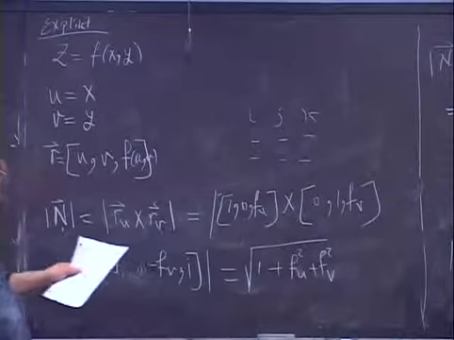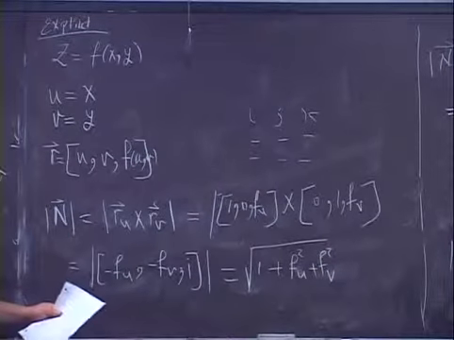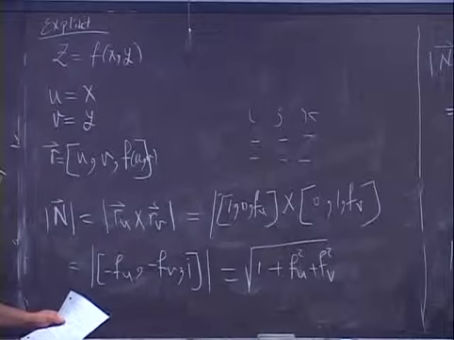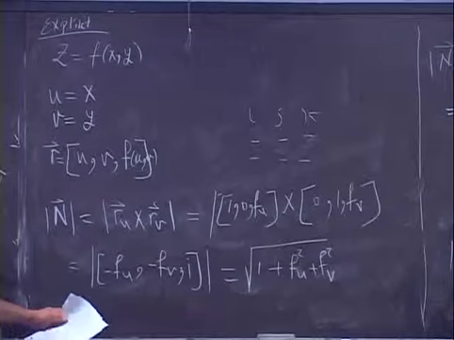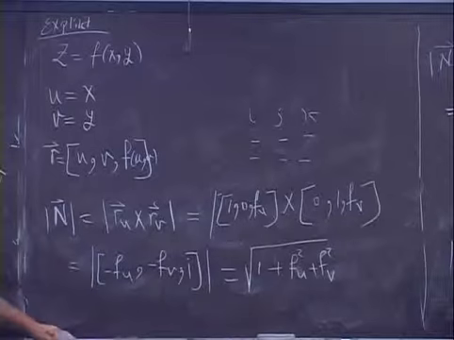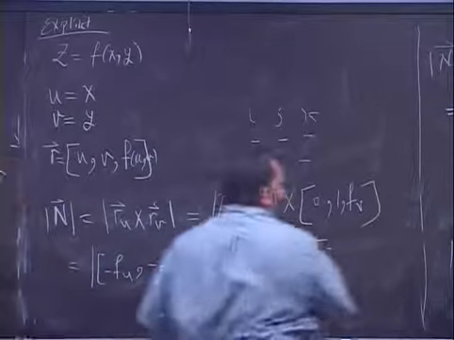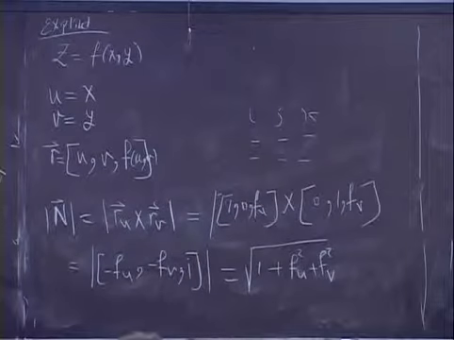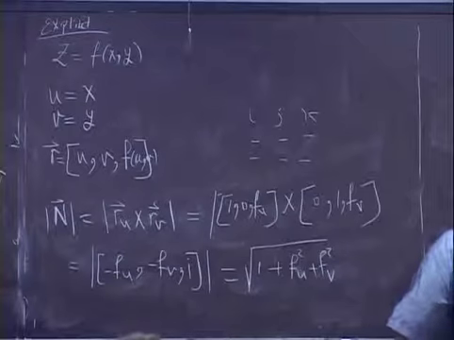F squared v. What's f squared u? df by du squared. Yes? And what's f squared v? df by dv squared. But because u equals x and v equals y, this is df by dx squared and df by dy squared. So I can represent the integration now if I have it explicit instead of just parametric.